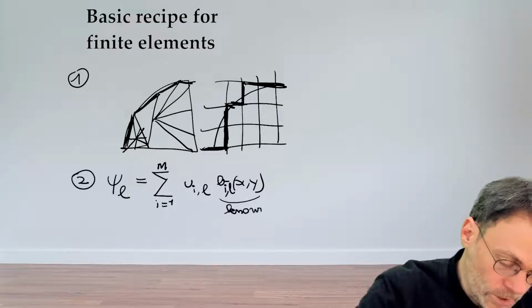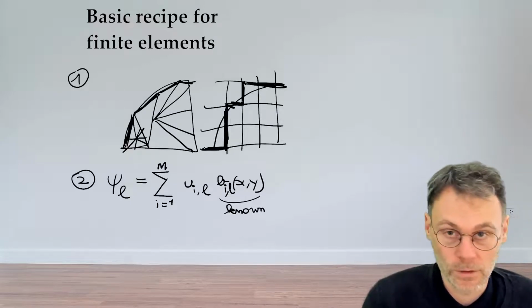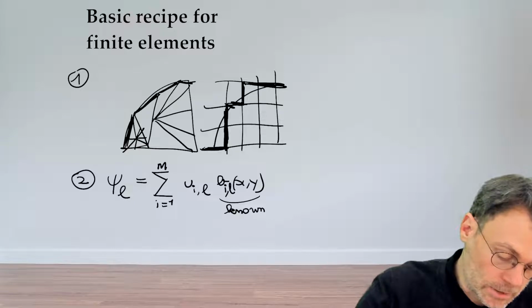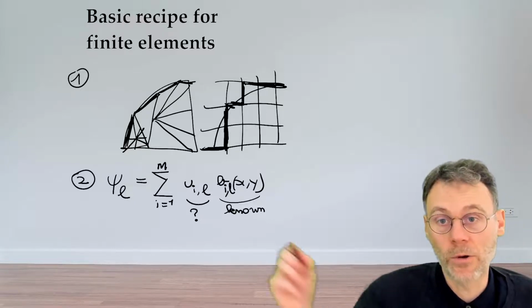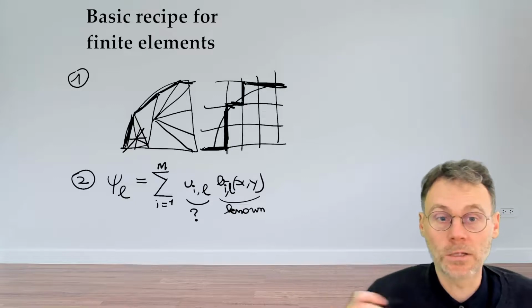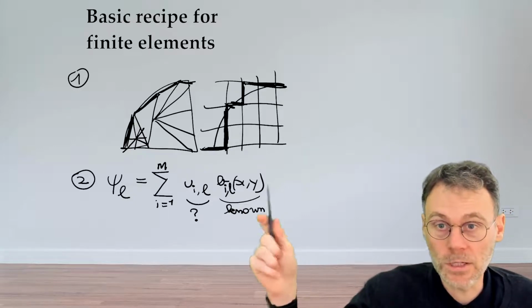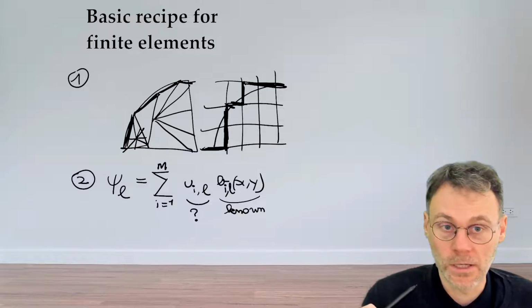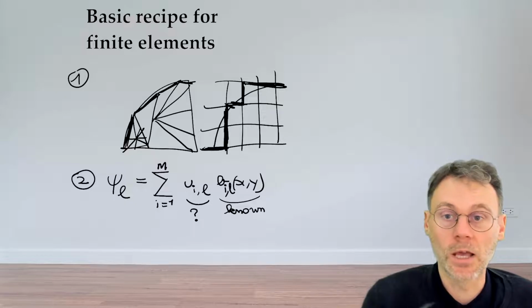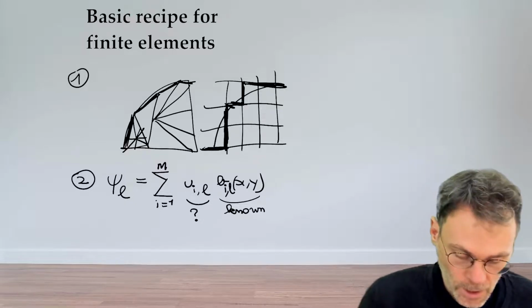We choose them in advance based on the requirements of our problem and the required resolution. And the u's are the unknown coefficients. Figuring out what they should be, that's basically the whole point of the game here. Okay, so this is the representation we're going to use for our unknown fields in each of the elements: an expansion in a finite number of known basis functions.